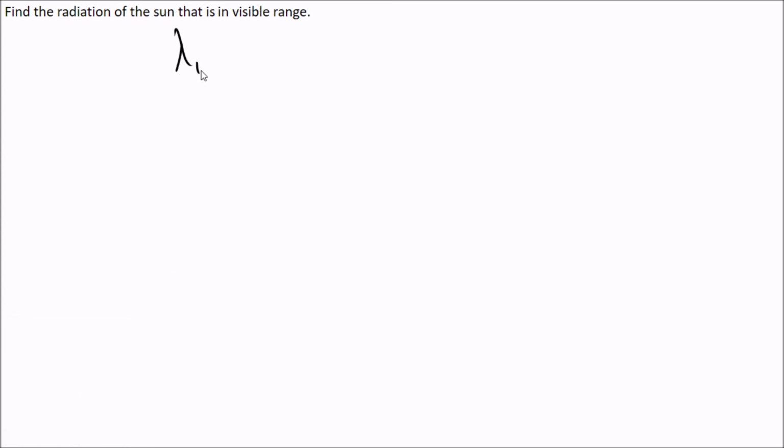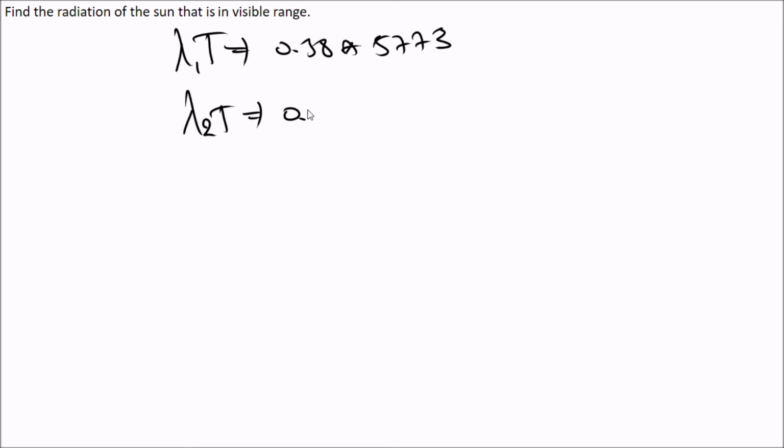First, lambda 1 into temperature will be 0.38 multiplied with 5773, and lambda 2 T will be 0.76 times the same quantity. And from here I will find the fraction from the table.